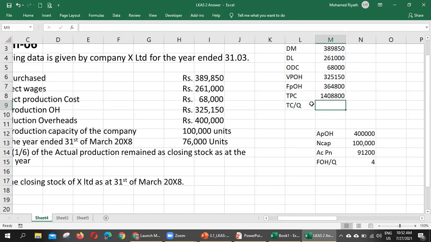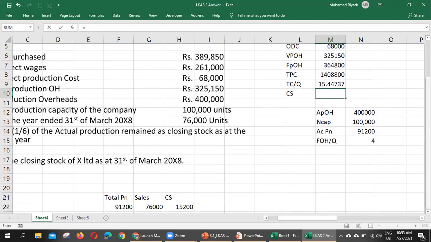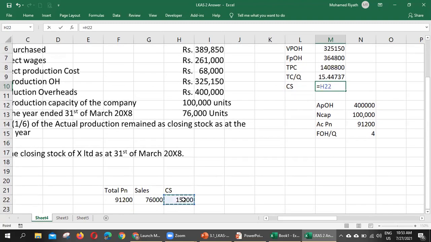Total cost per unit equals this total cost divided by total production, 91,200. Then closing stock: how many units do we have in closing stock? 15,200 into cost per unit.